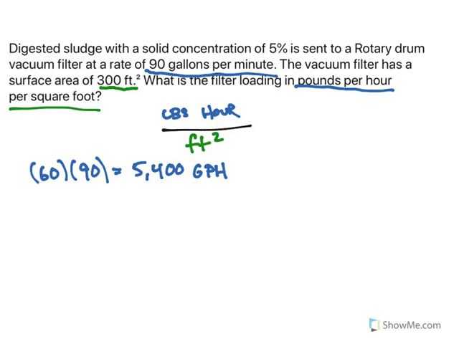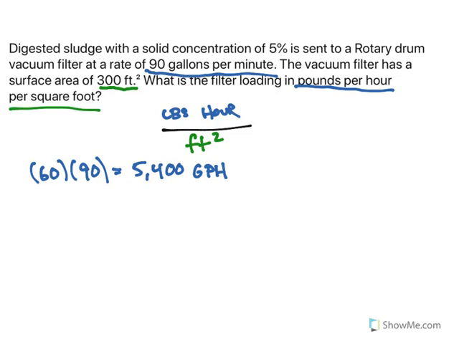If you see a question like this on an exam, you are almost certainly going to have to account for the specific gravity of the sludge, because it is going to be higher than 1. So the sludge is going to weigh slightly more than 8.34 pounds per gallon. But again, with this question, we are going to use that 8.34 pounds per gallon figure.